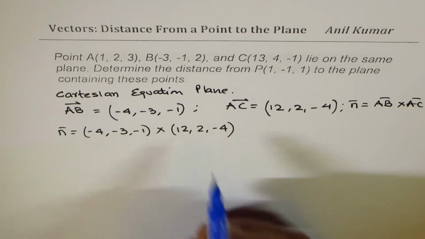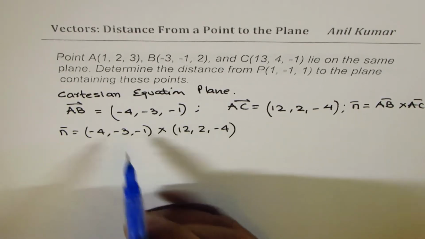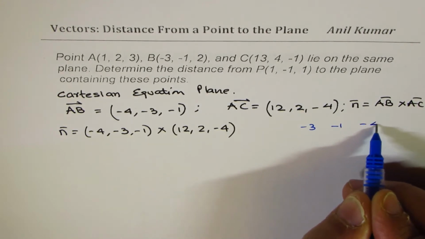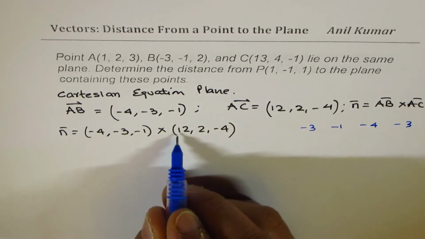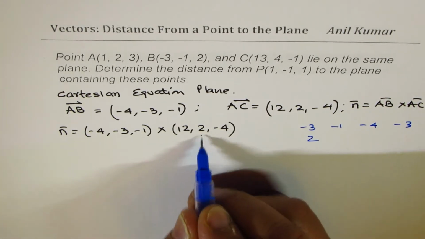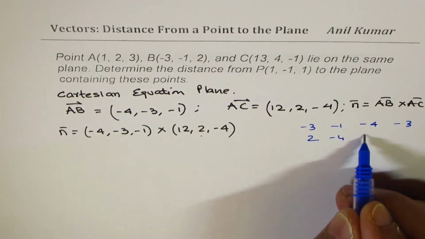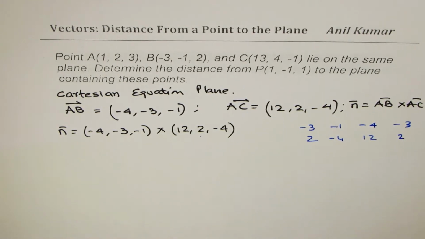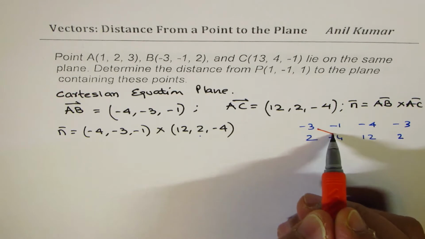Here is how it could be done. Write these -3, -1, -4, -3, and then we can write this starting from the center, 2, -4, 12, ending with 2.